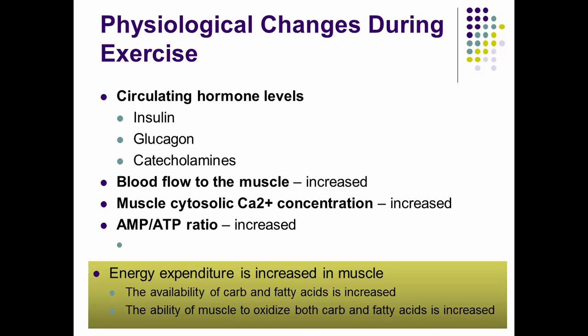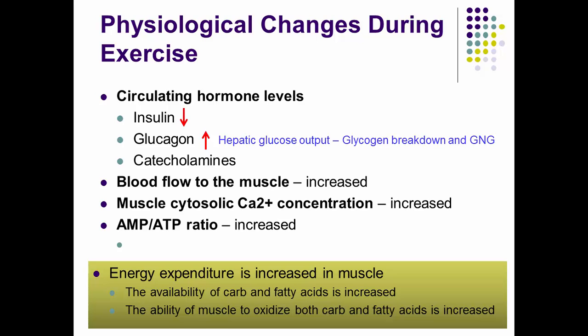Now let's talk about the physiological changes during exercise. We actually already talked about it on the last slide, the figures. Circulating hormone levels change, right? We know that insulin levels decrease, glucagon levels increase, and catecholamine levels also increase. And what happens to the blood glucose levels because of these hormone changes? The increased glucagon will stimulate liver glycogen breakdown, right?